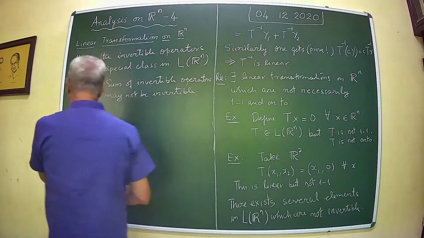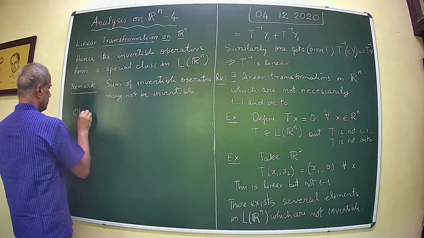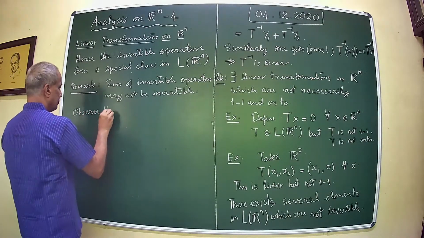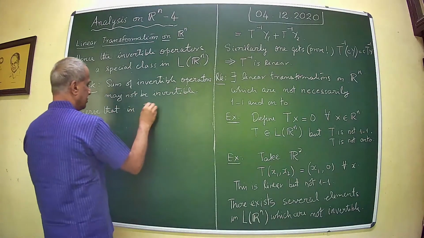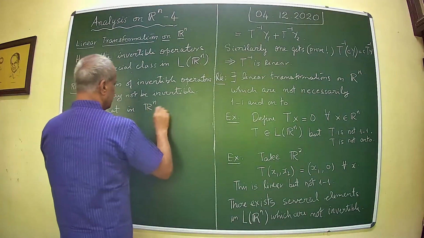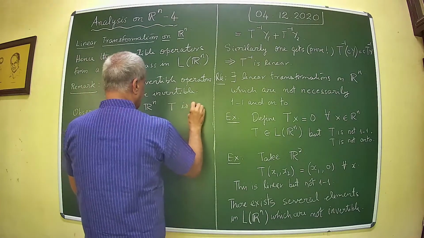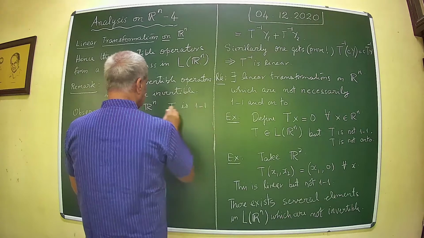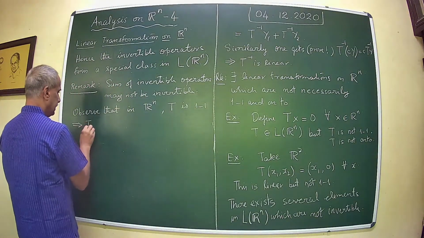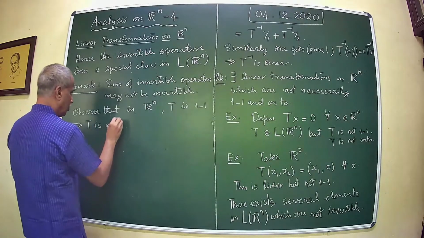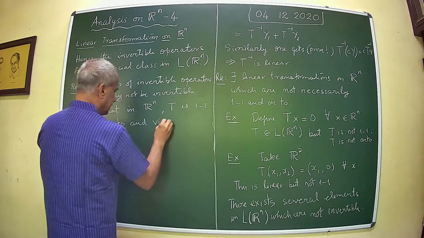So let us observe that in Rn, T is 1-to-1 implies T is onto and vice versa.